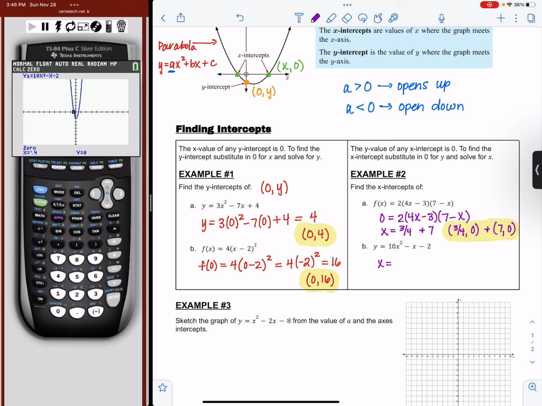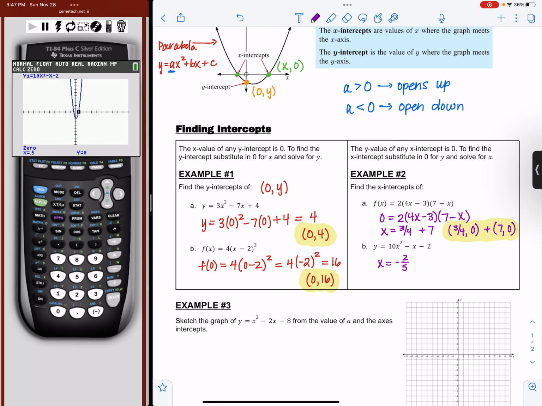Negative 0.4 as a fraction is negative 4/10, which simplifies to negative 2/5. Then I also have another one. I press second trace again and go to number 2. I go to the left side of the one on the right, which means I'm under the x-axis, so y is negative, and press enter. Then I go to the right side, on the other side of the x-axis, and press enter.